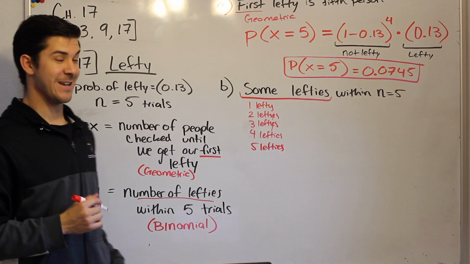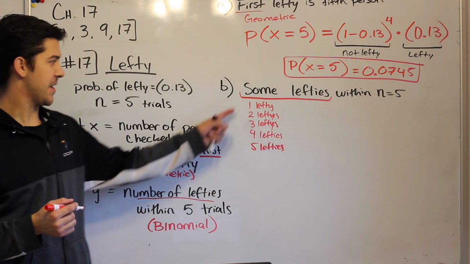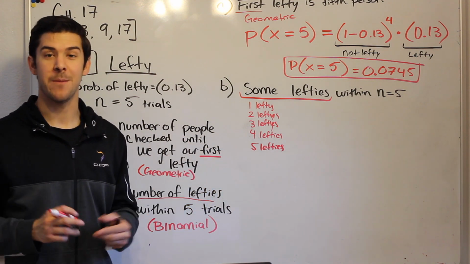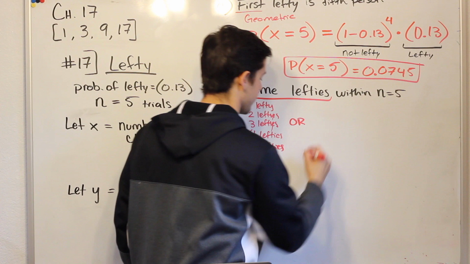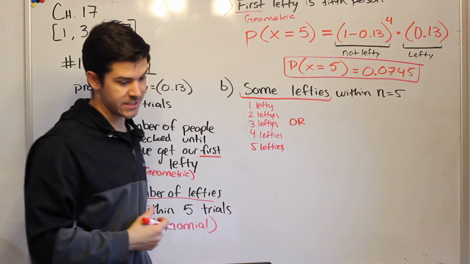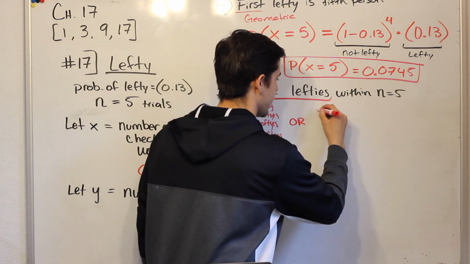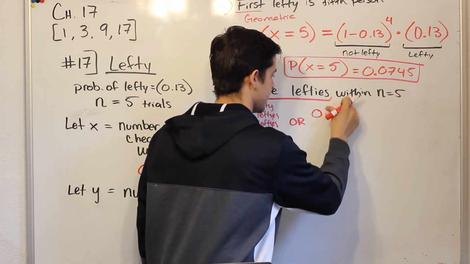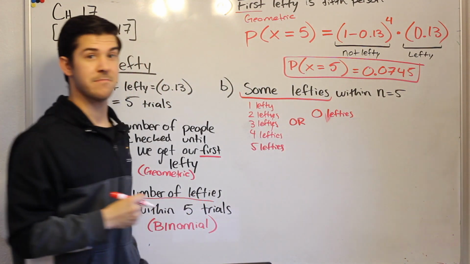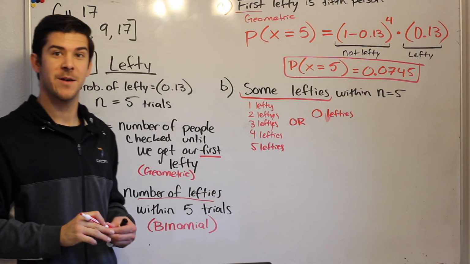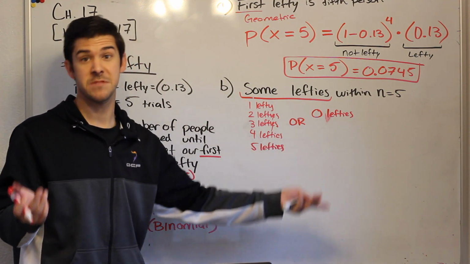Now, you can find the binomial probability of all of those and then add them up. Or we can actually discover the probability of having 0 lefties and just take the opposite of that. Because we want to make sure that there's some. The only opposite is that there's none.